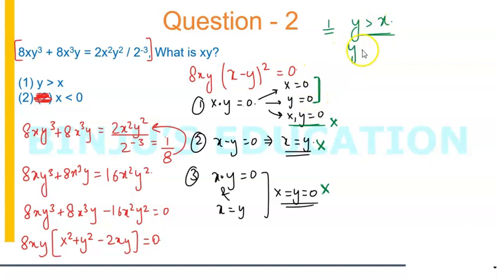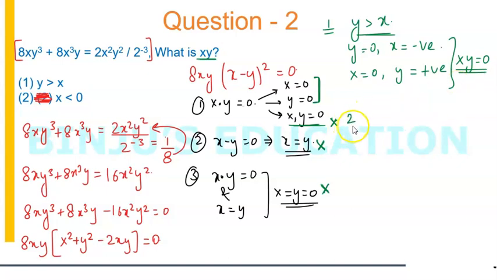That is, you can have y 0, in that case x will become negative, or you can have x 0 and in that case y will become positive, because y is greater than x. But now in either of the two cases, since the question is about what is x into y, x into y is equal to 0. Do we have a conclusive answer from statement 1? Yes, we do have a conclusive answer from statement 1.